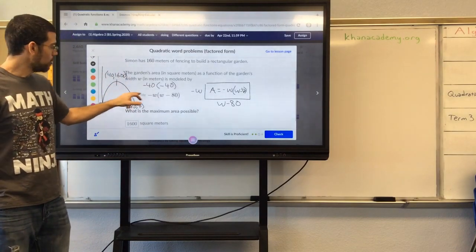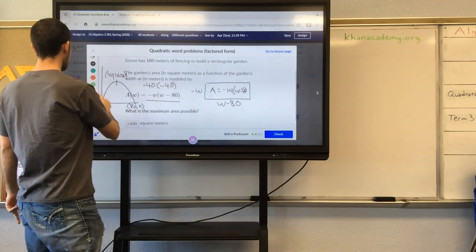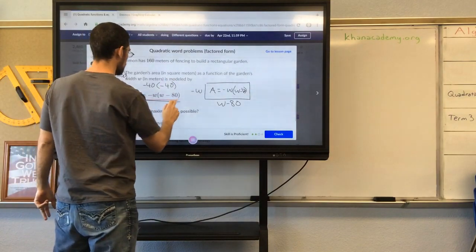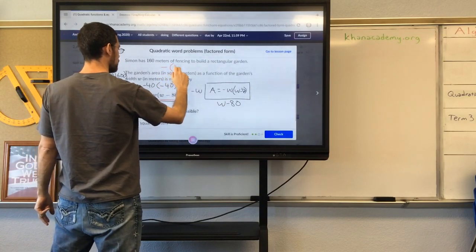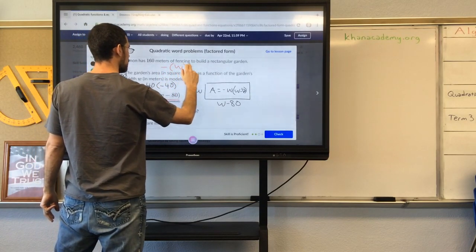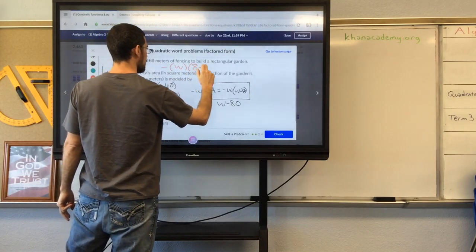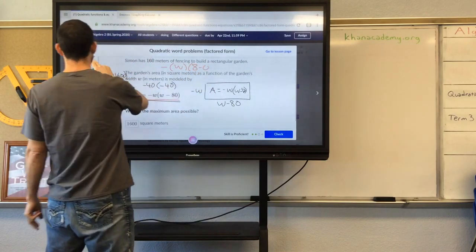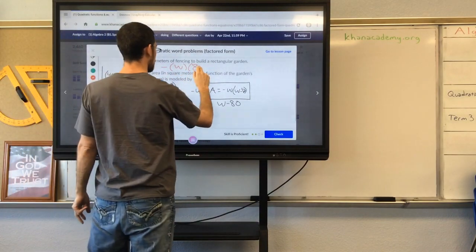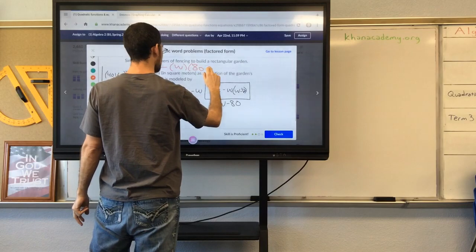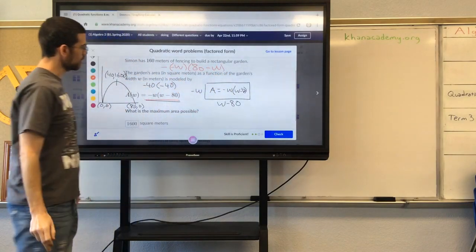But what if I restated this original equation right here as negative W times 80 minus W, like this.